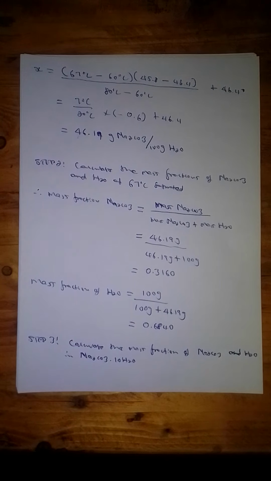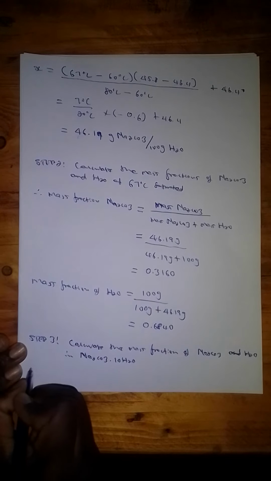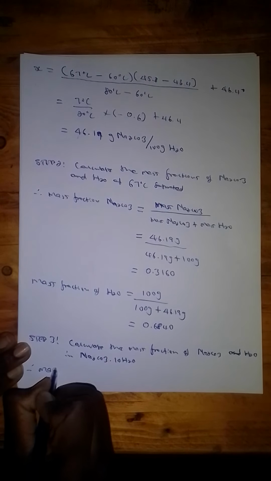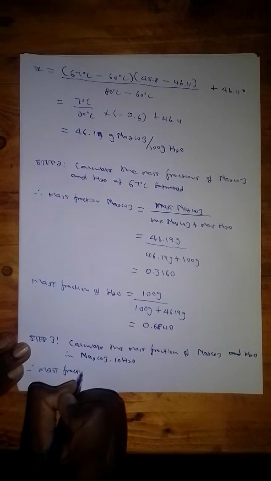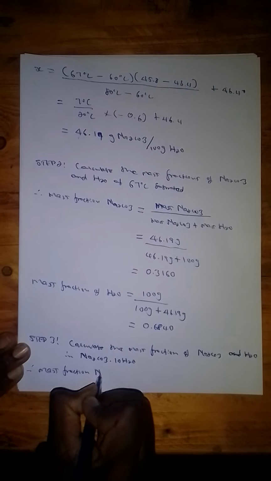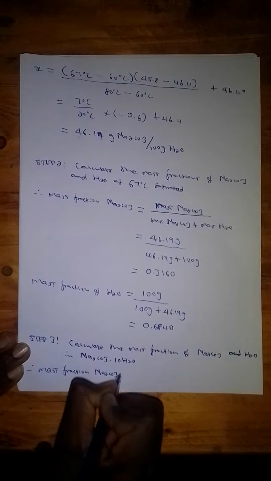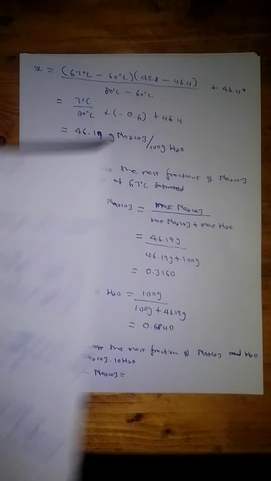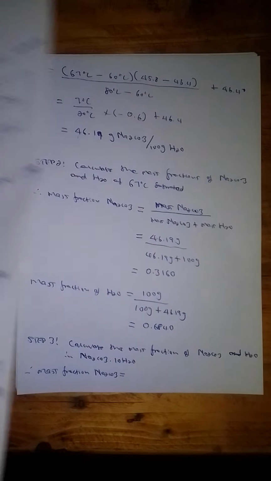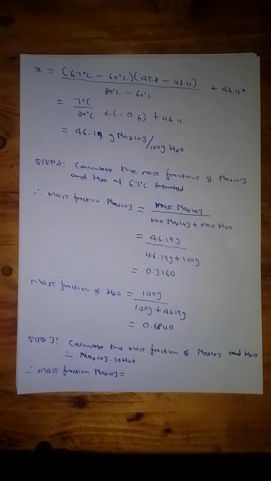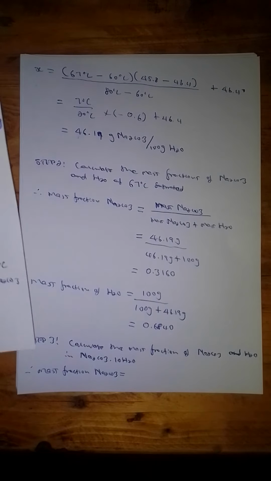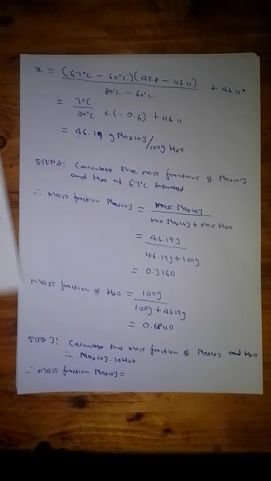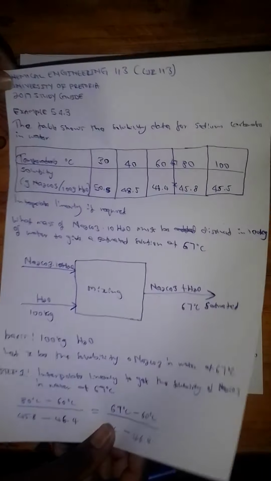We're going to be calculating the mass fraction of that, and we can start with the mass fraction of Na2CO3. Therefore, mass fraction of Na2CO3 equals to, let me just explain something here. Remember, initially when we were calculating the mass fraction of this stream, it was a little bit easier because we had the masses here. But now, for us to get the mass fractions, we're going to use the molar masses.